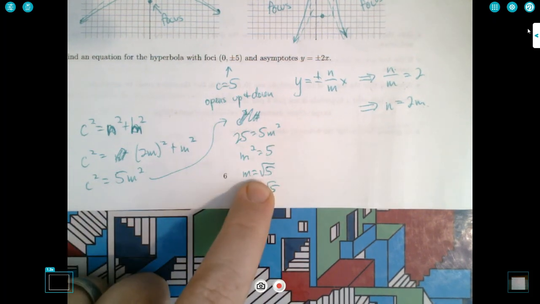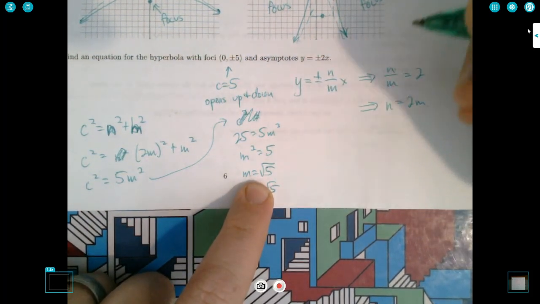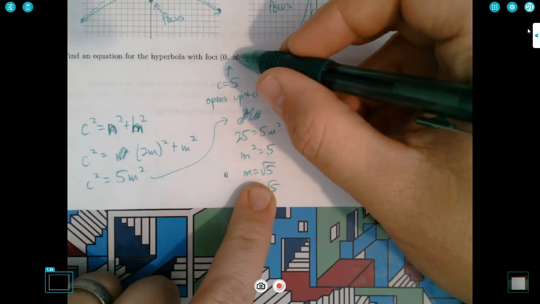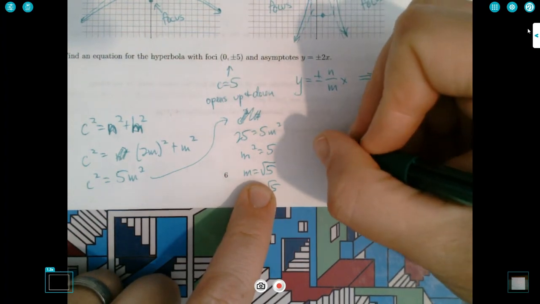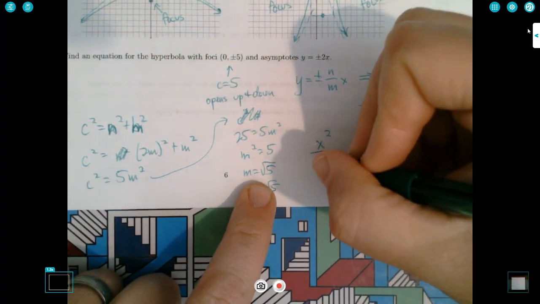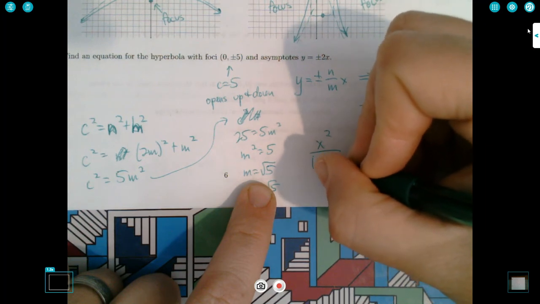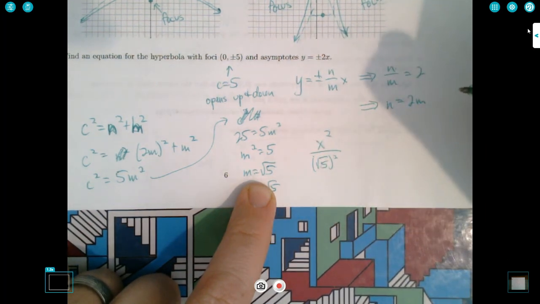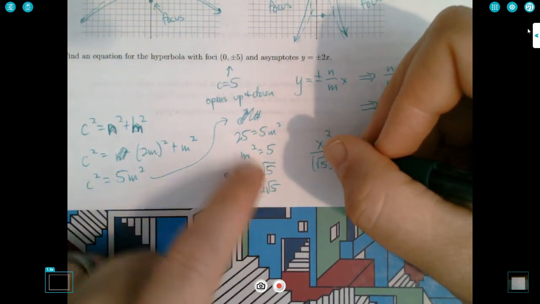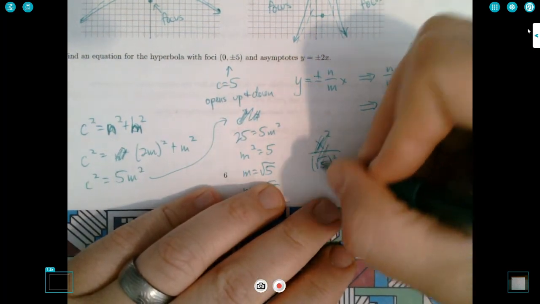So m is always the thing that we divide our x group by. Okay, and moreover, the center is at 0, 0. So this is going to be x squared over m squared. Oh, but it opens up and down, so y has to come first.